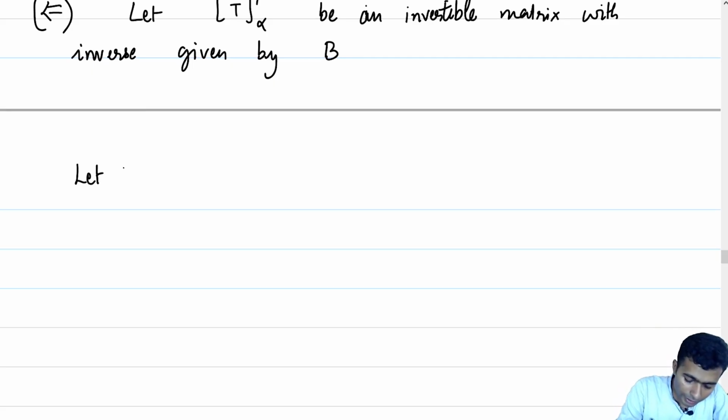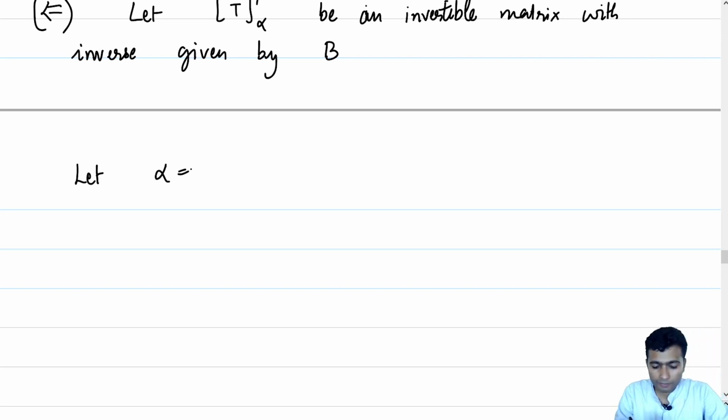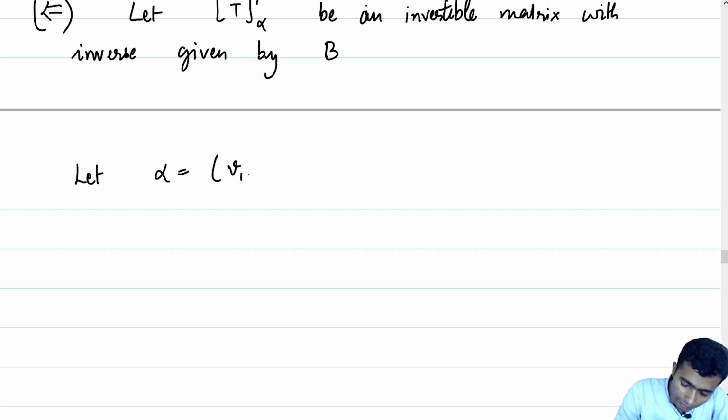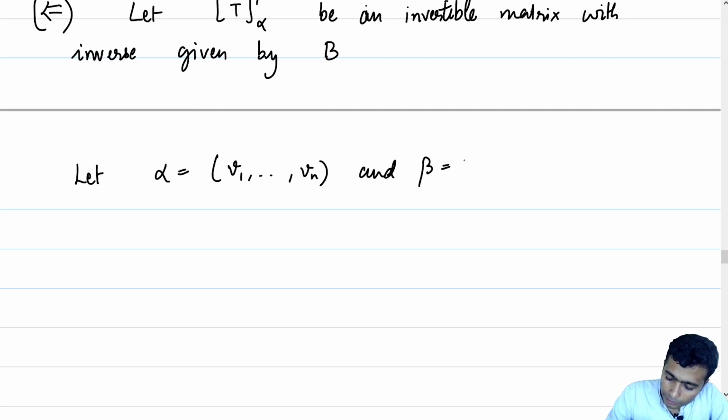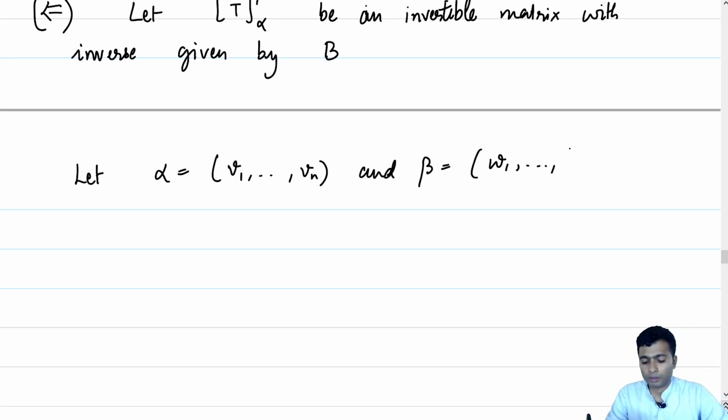So let alpha be, recall that alpha is an ordered basis of V which has dimension n, and let V1, V2 up to Vn correspond to the vectors in the ordered basis alpha, and beta similarly be some W1, W2, recall that W is of dimension m, so this will be some list of m vectors.